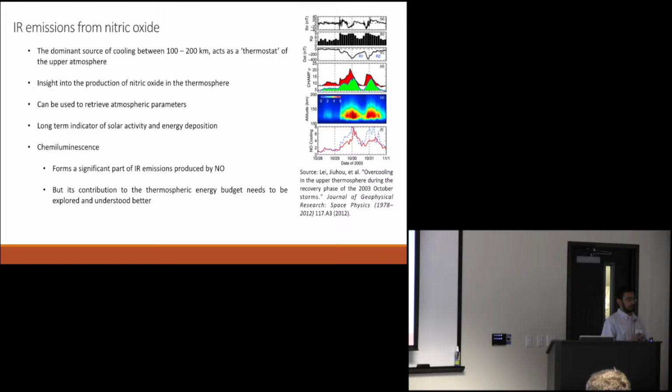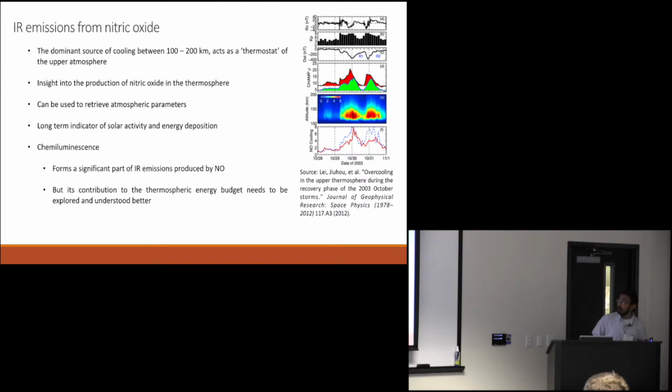It's a really good indicator of the long-term energy deposition by the sun in the atmosphere. The last slide that he had was the 5.3 emission versus time, and that emission really tracks well what the sun was doing over 15 years. And then what I focus on is this part of the IR emission, which we call chemiluminescence.